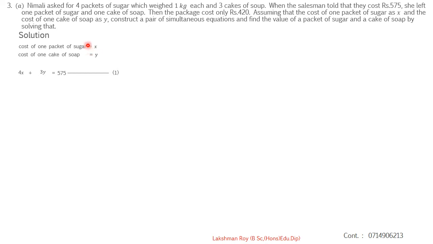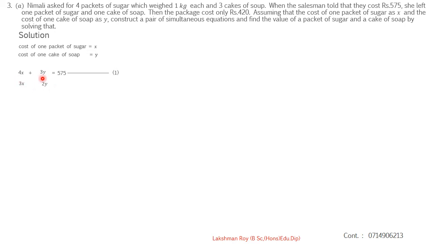Here 1 packet of sugar is X rupees, so 3 packets of sugar is 3X. And also for the 3 cakes of chalk, Nimali left 1 cake of chalk. So that means she actually bought only 2 cakes of chalk. So here we have 3 packets of sugar and 2 cakes of chalk.